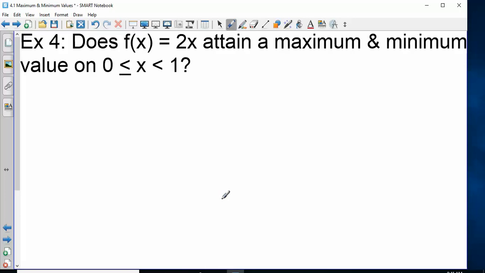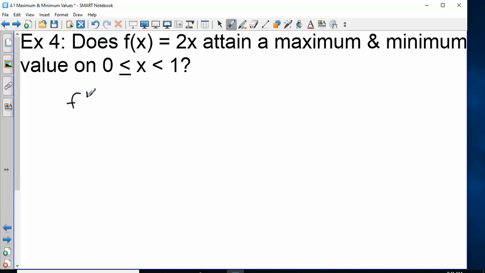Let's look at this one. I want to know if f of x equals 2x has a maximum or minimum on the interval 0 less than or equal to x less than 1.